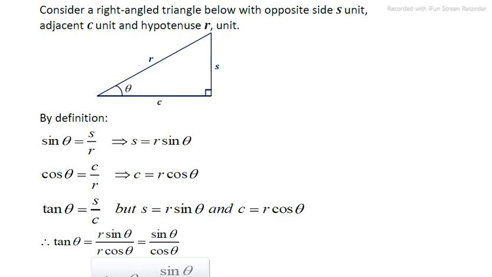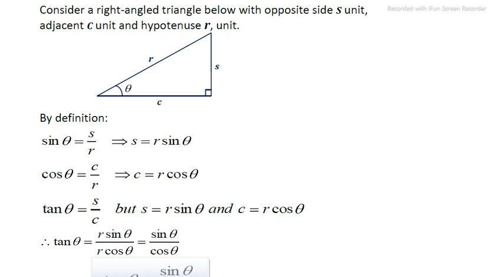And the tan of theta equals opposite S over the adjacent C. We already have S, which is R sin theta. We also have C, which is R cos theta.